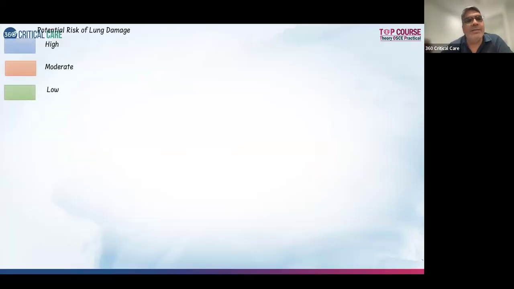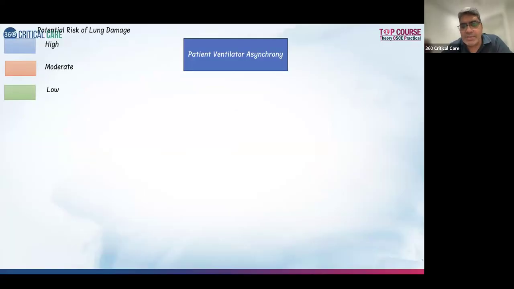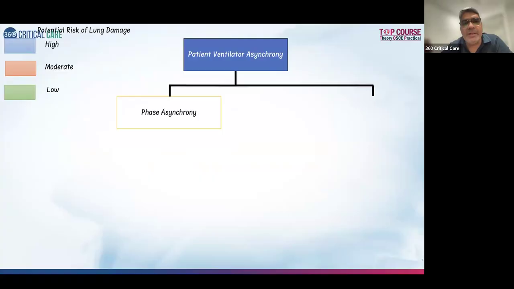This is a chart which looks at various types of asynchrony that can happen. We primarily divide the whole gamut of asynchrony that can happen when the patient is on a ventilator into two major categories. One is called phase asynchrony, and the other is flow asynchrony.